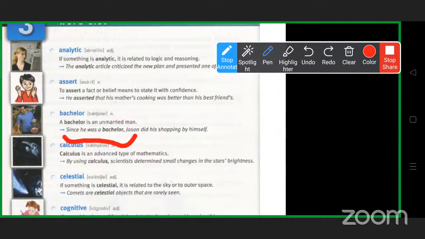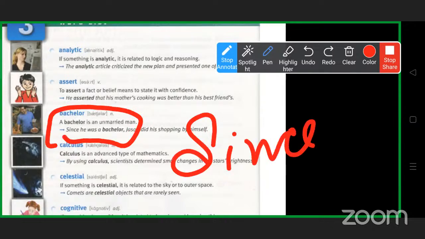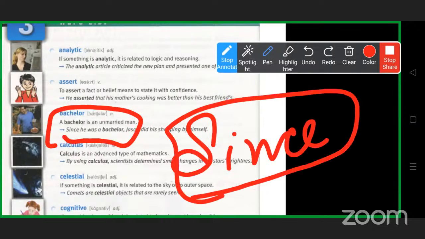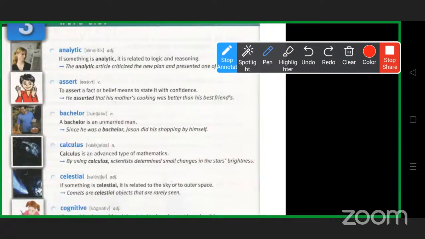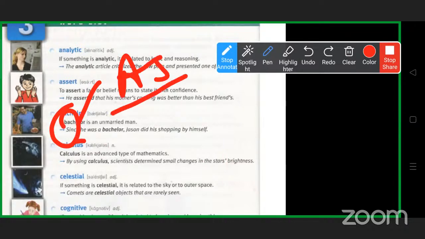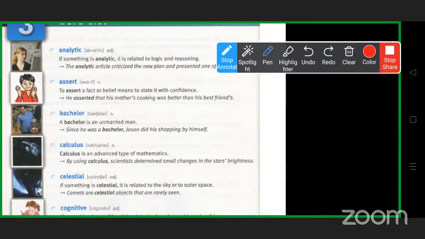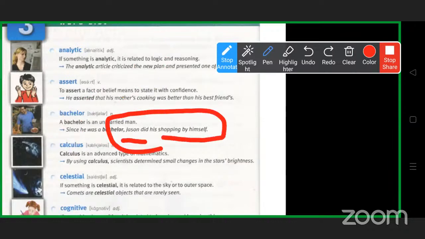Since he was a bachelor, or we use since for reasons. Okay, because he was a bachelor. It means very simple, or we can replace it with as also. As he was a bachelor, because he was a bachelor, Jason did his shopping by himself. Obviously, when you're alone, when you don't have any friend with you, but actually it's wrong somehow.